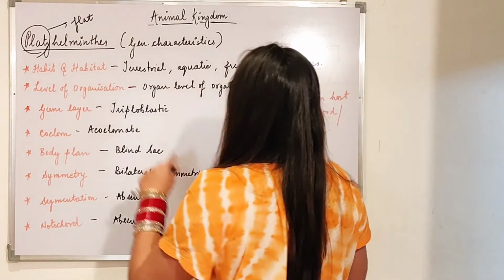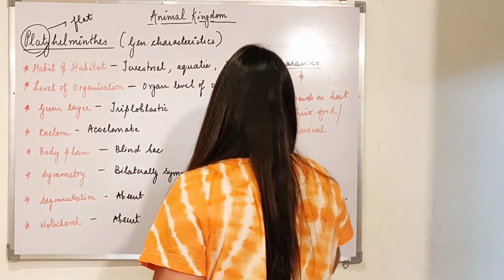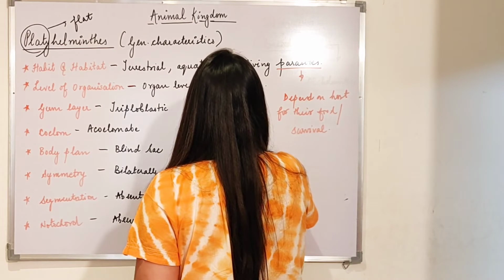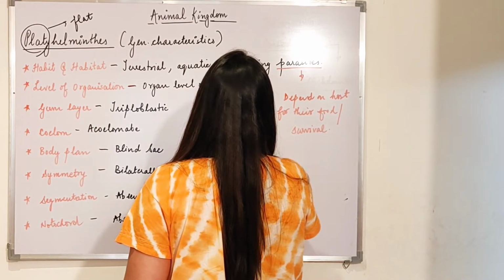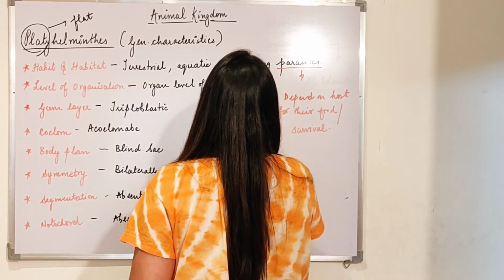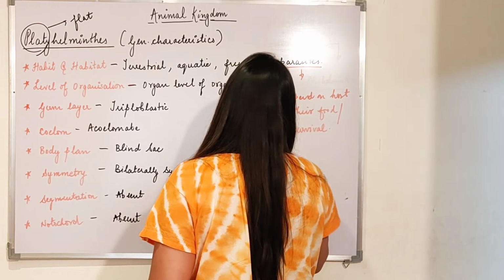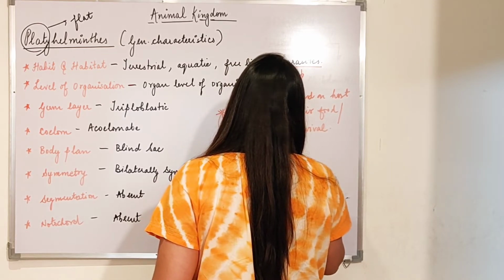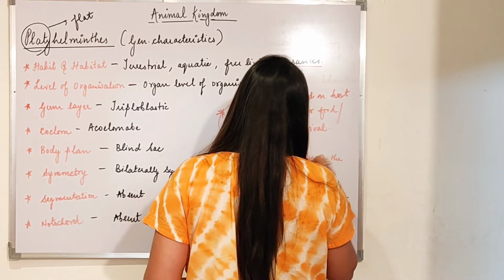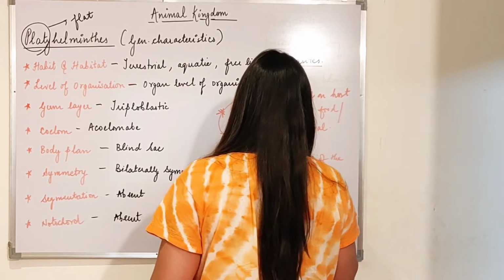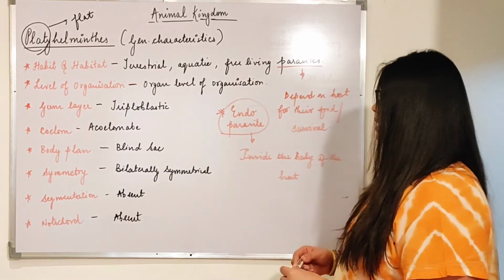For example, beta, in most of the platyhelminths, the parasites are endoparasites. Endoparasite means they are found inside the body of the host. Okay, they are found inside the body of the host, right?